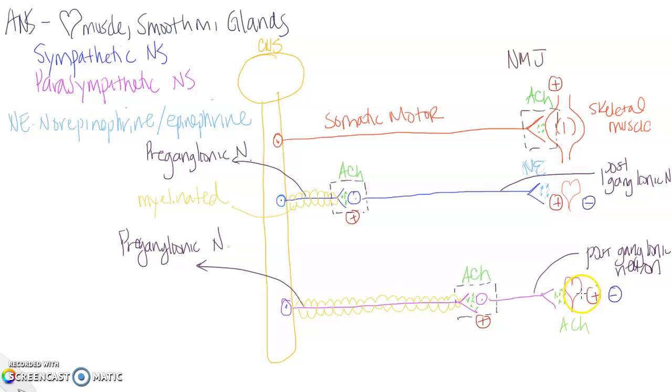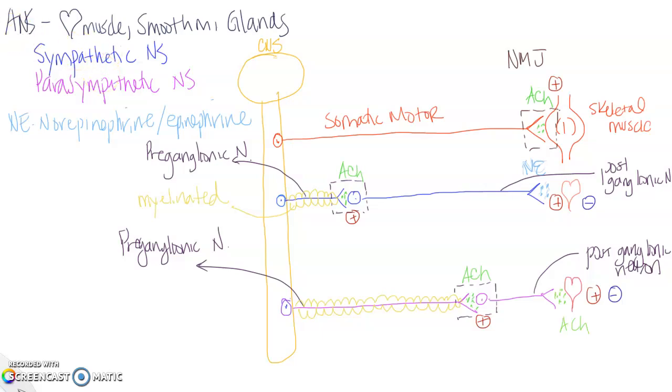Even though acetylcholine is stimulatory over here at skeletal muscle, it is inhibitory at cardiac muscle. It slows heart rate. Okay. So these neurons go specifically to specific organs. It's going to go to the heart, the pancreas, an organ in the digestive tract, whatever, but it's going to go to a specific organ.